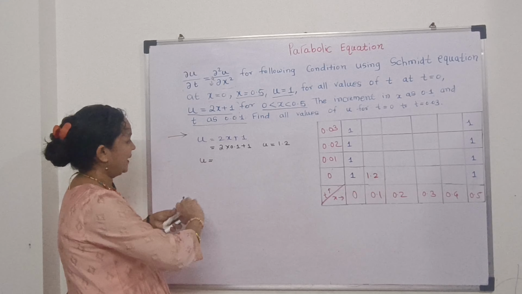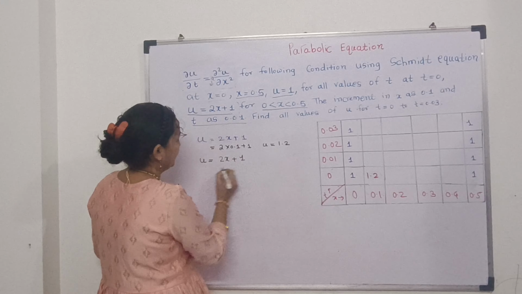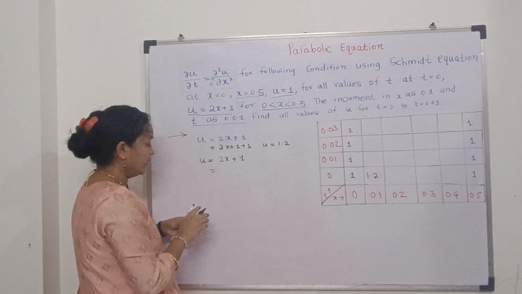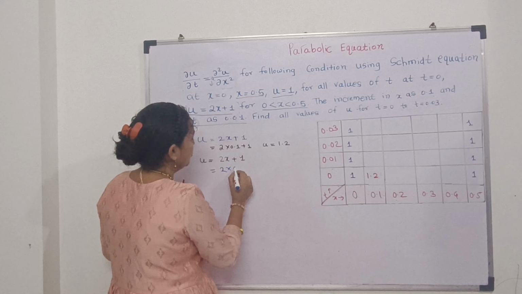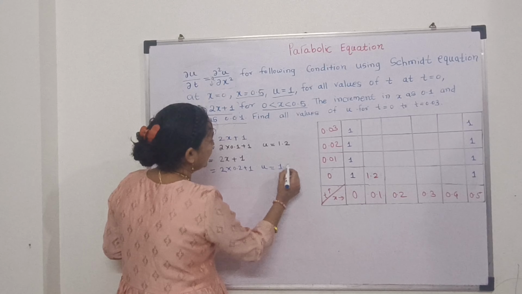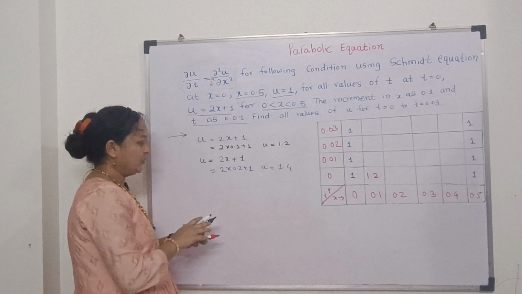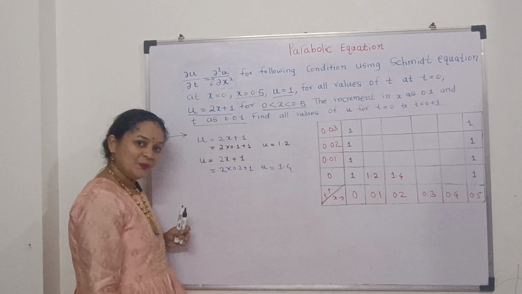Now we calculate the next value, again 2x plus 1, which is 2 multiplied by 0.2 plus 1. So this u value becomes 1.4, and you can write that here.